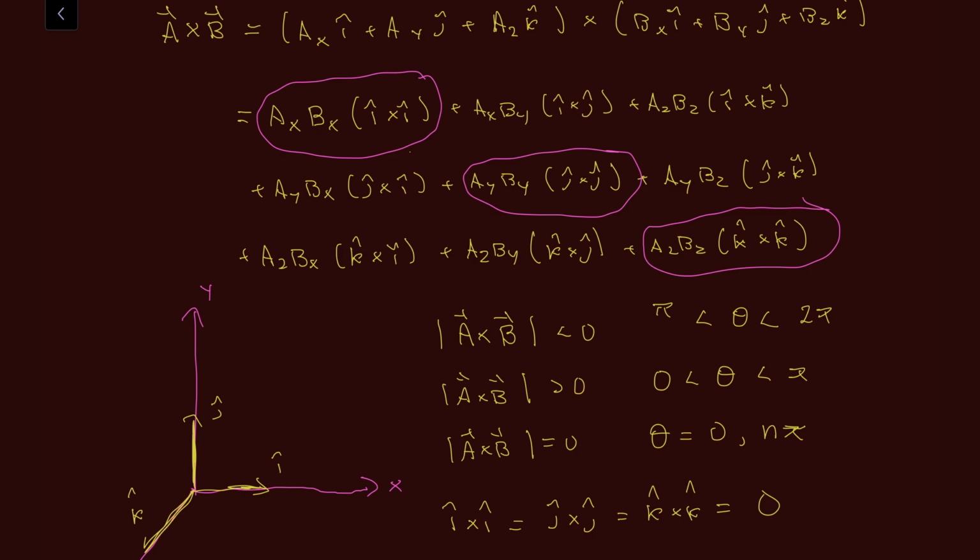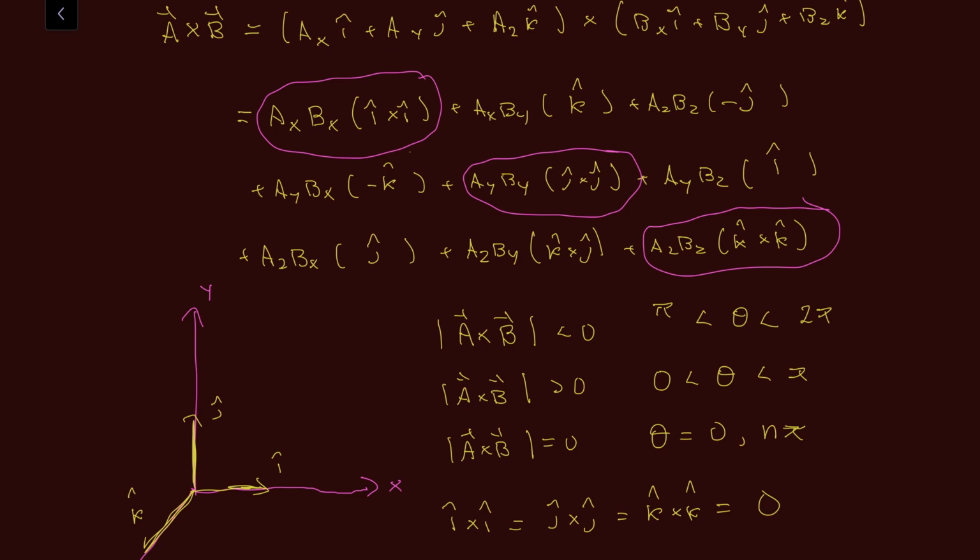So i hat cross j is just going to be k hat. i hat cross k is just going to be negative j hat. j hat cross i is simply going to be negative k hat. j cross k is i hat. k cross i is going to be j hat.